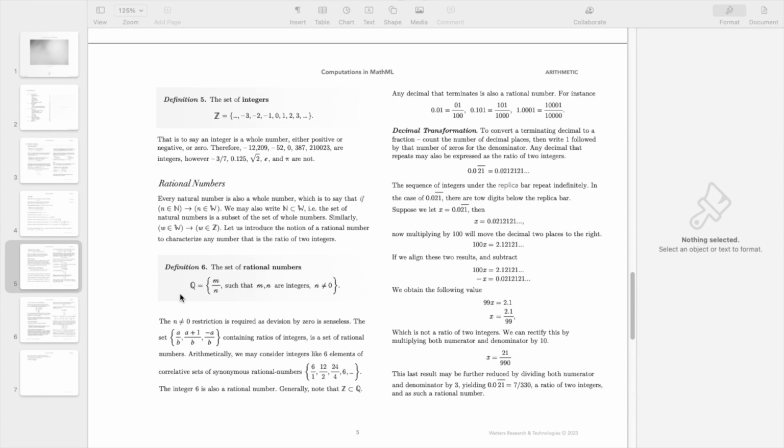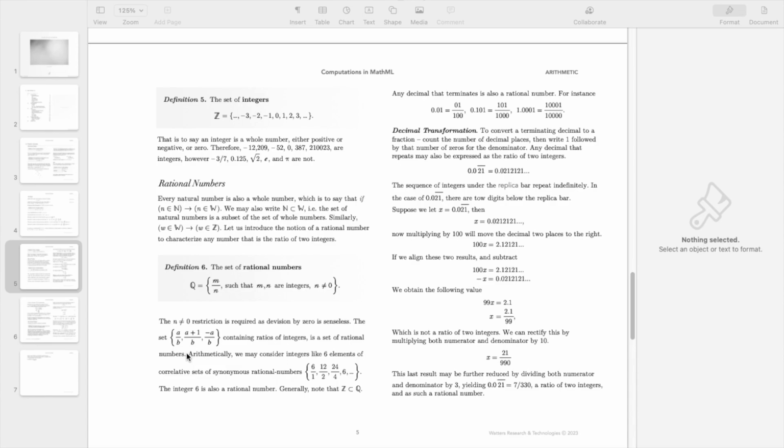The set of rational numbers is denoted by capital Q for quotient. M over n is a rational number such that m and n are integers where n does not equal 0. So we require the restriction n not equal 0 as division by 0 is meaningless, undefined.